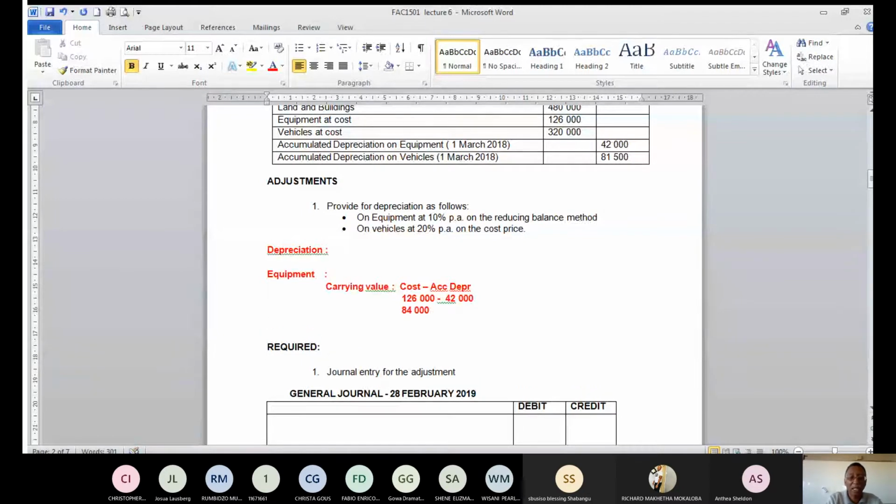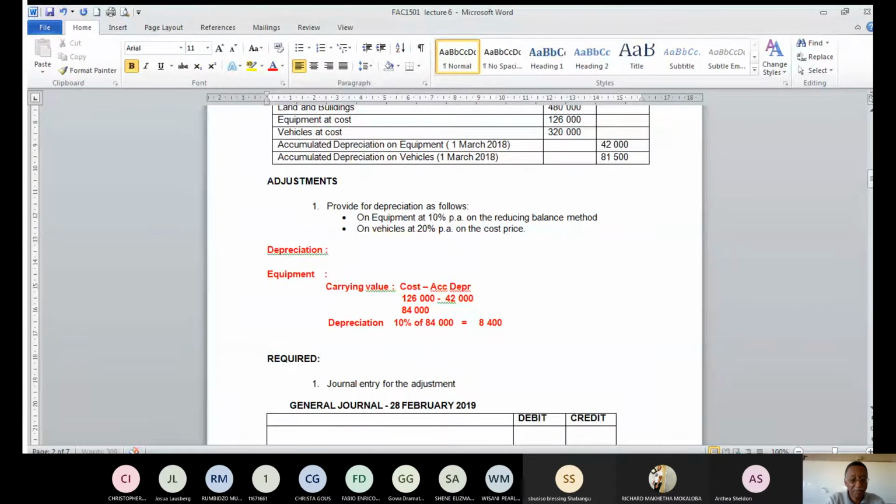And then to calculate your depreciation, we say the depreciation will be calculated then as 10% of the carrying value, 10% of 84,000 Rand, and that will give you depreciation expense of 8,400 Rand.